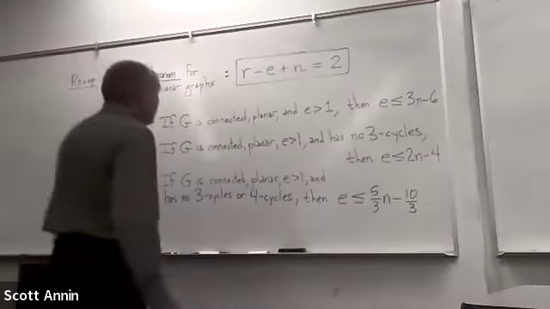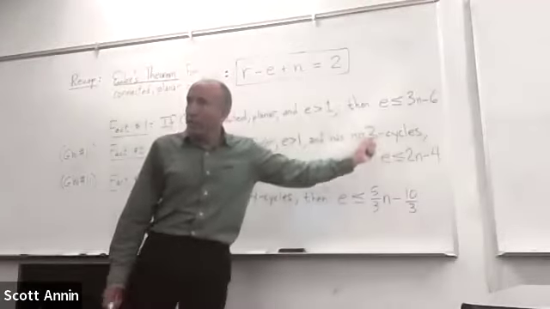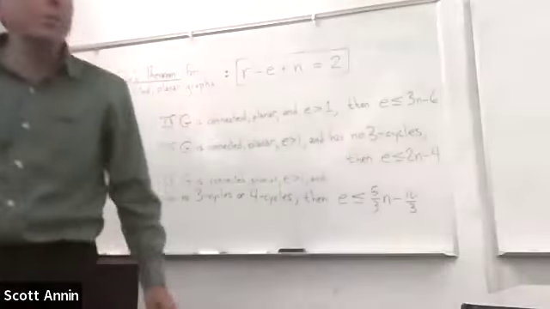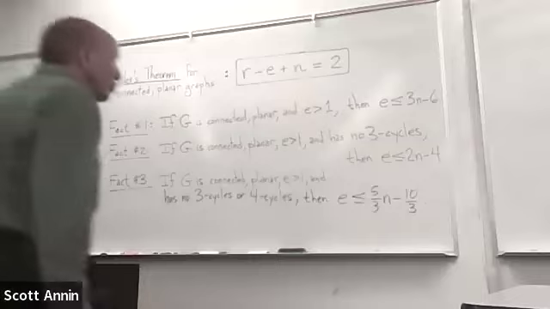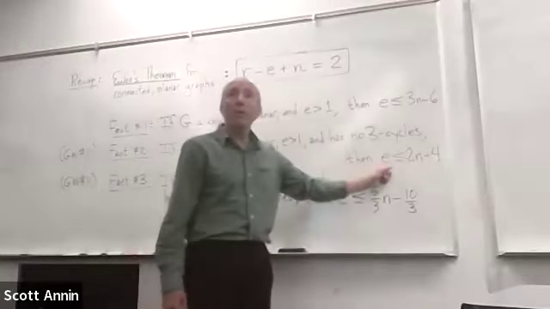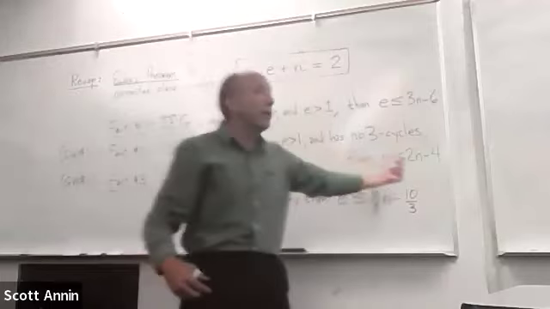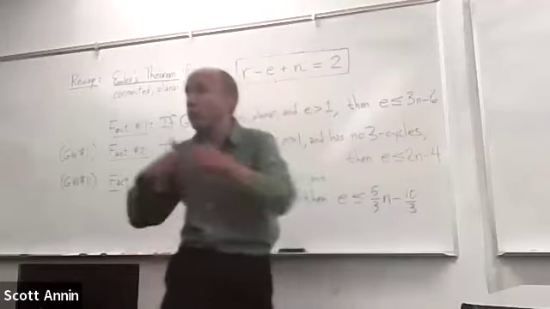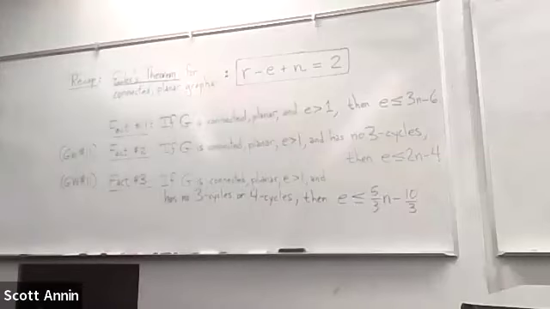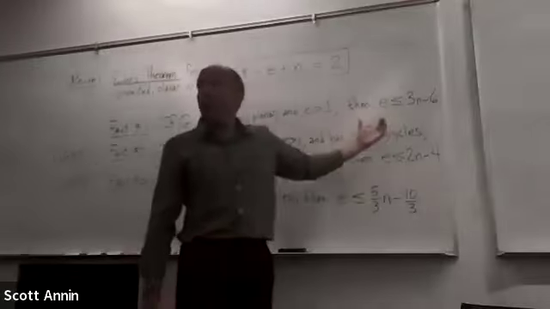If, in addition, your graph does not have any 3 cycles in it, then we can actually get a stronger statement, which is that the number of edges is even more constrained by a sharper upper bound, right? 2n minus 4 is going to be smaller than 3n minus 6. But that requires there to be no 3 cycles in the graph.